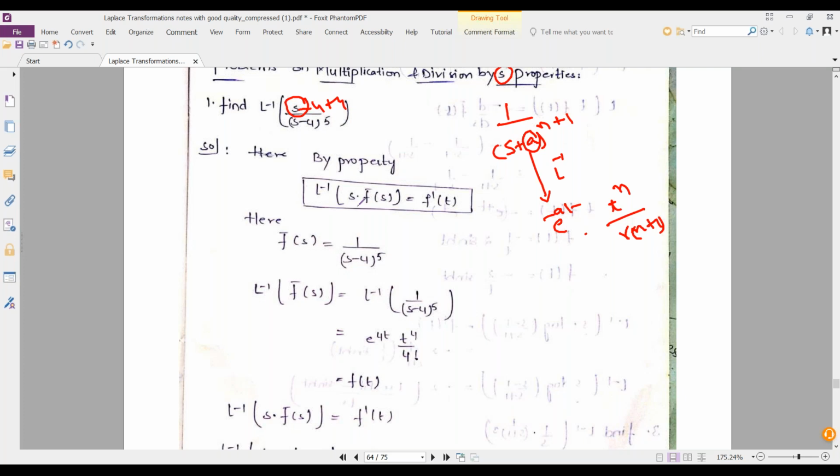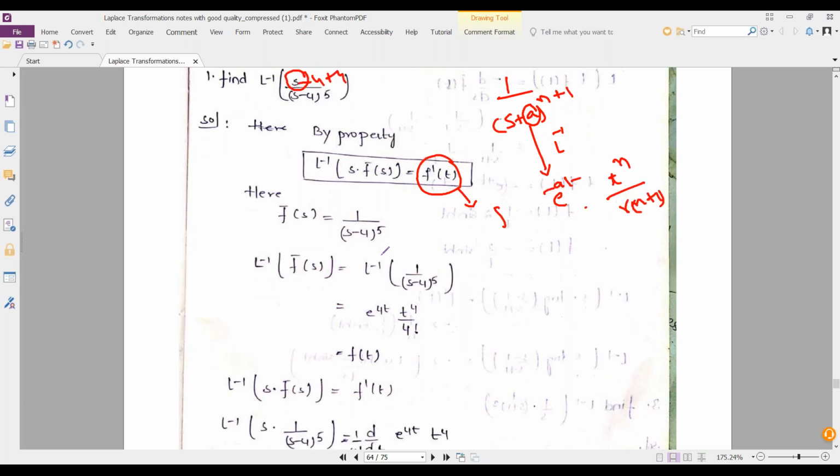L inverse of s times f(s) equals f dash(t). So directly the derivative of f(t) you may get; after that, to get f(t), I need to integrate. Here f(s) is equal to 1 by (s minus 4) whole power 5, because I have taken s separately.